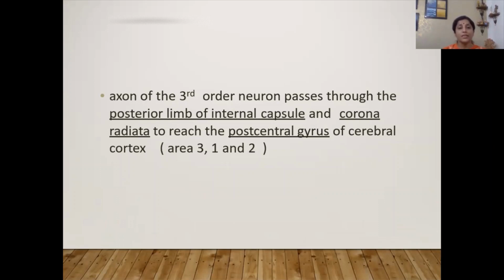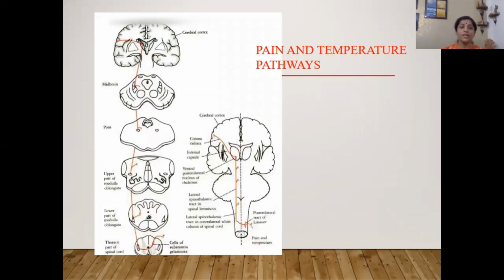As the name suggests, it is a capsular opening, a small structure where the fibers come very close together, and after passing the internal capsule, the fibers spread out and radiate, and in a fanning type of pattern they get distributed on the postcentral gyrus of the cerebral cortex in the areas 3, 1 and 2.